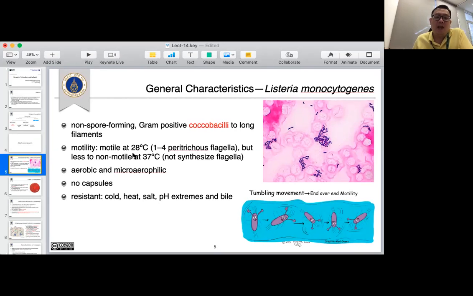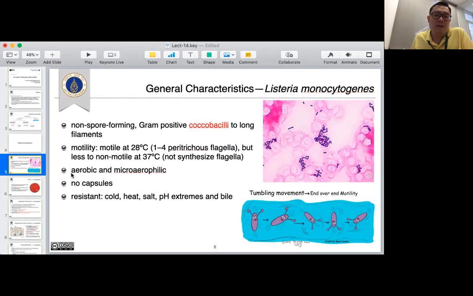When these bacteria grow at 28 degrees Celsius, they possess peritrichous flagella, 1 to 4 peritrichous flagella, which means they can move. But at 37 degrees Celsius, once they infect a human, they cannot synthesize flagella, so they are non-motile in human. But outside of human, they can move.